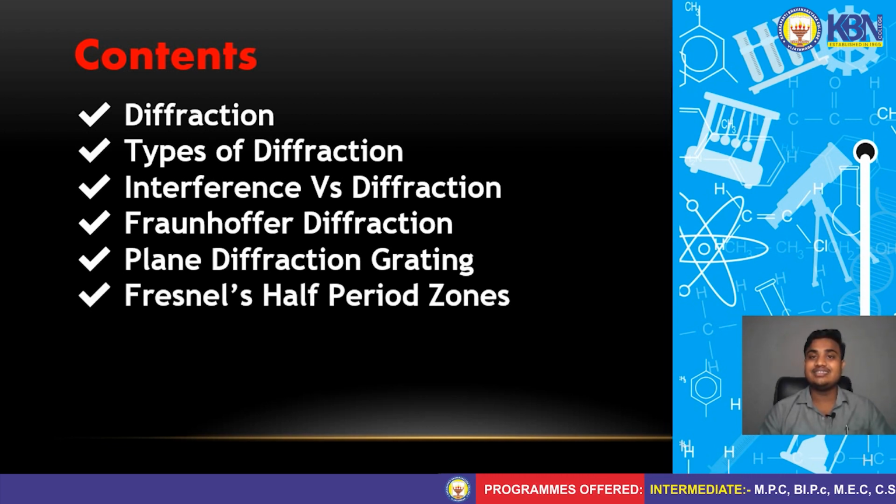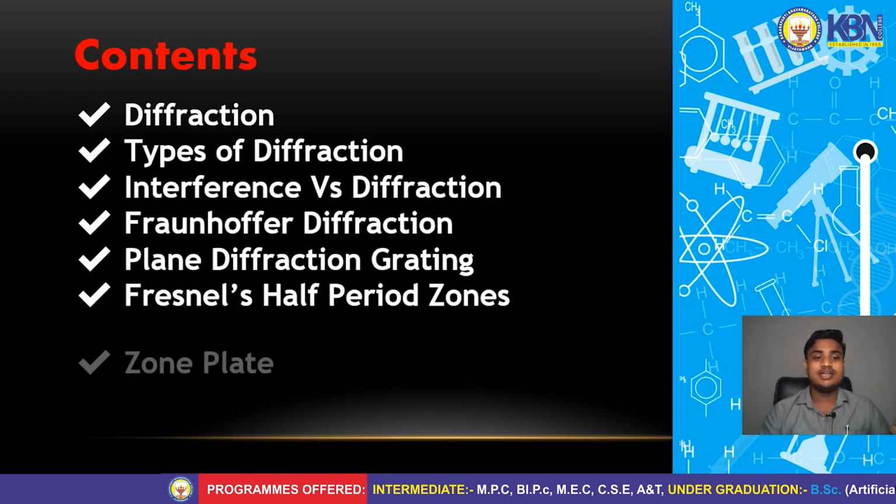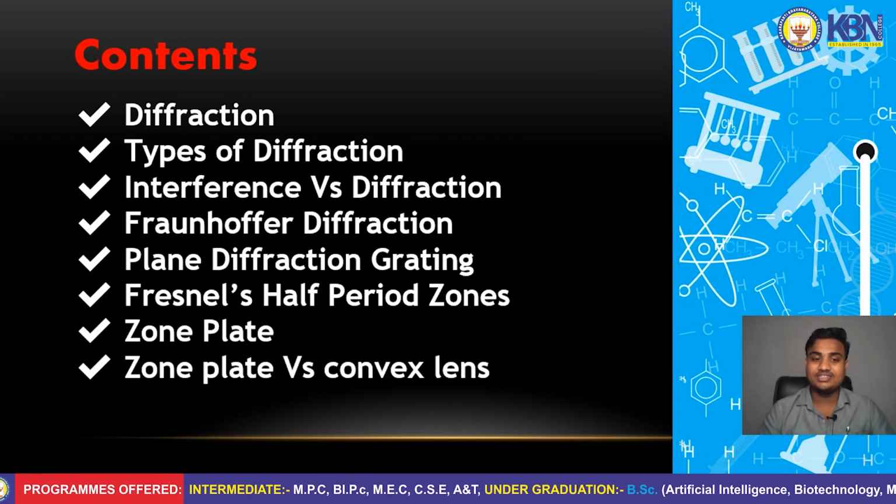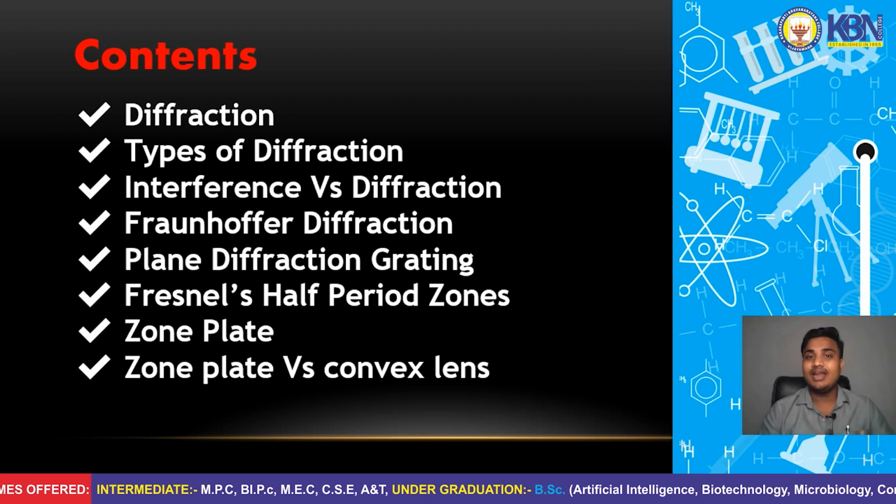Then what are Fresnel's half period zones, how can it be useful in order to construct a zone plate. Then what is a zone plate, then what are the comparisons, similarities and dissimilarities, between the zone plate and a convex lens.